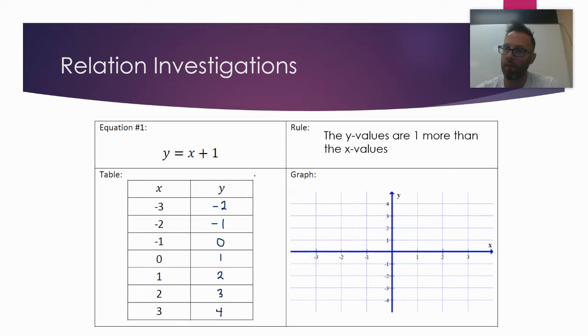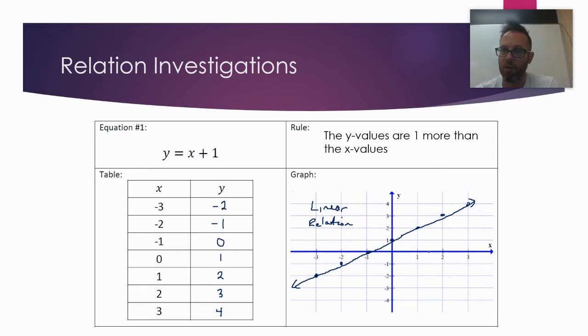So this gives us 7 points that we could graph. -3, -2, -2, -1. And you can see the pattern on the graph as well. It's a straight line. This is a linear relation that you guys spent a lot of time focusing on in grade 9, and worked a bit with in your grade 10 courses too.